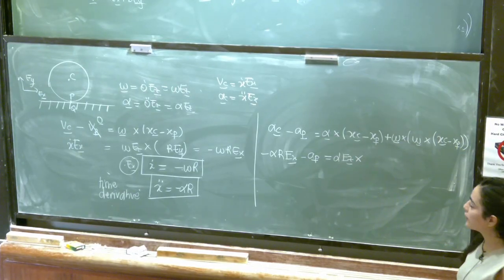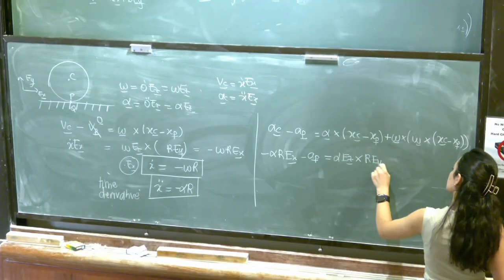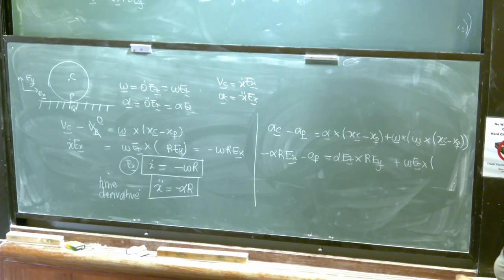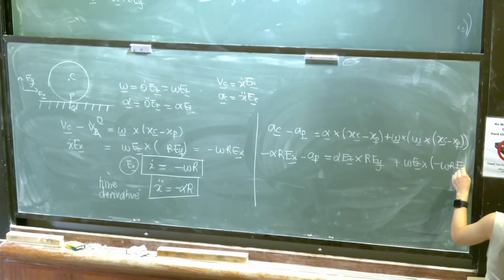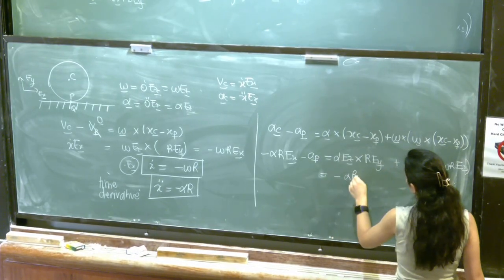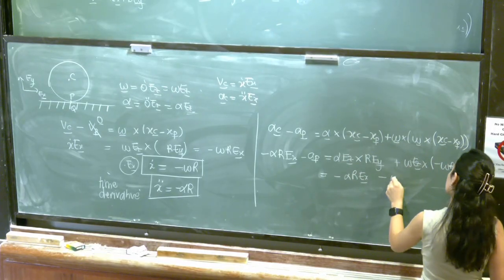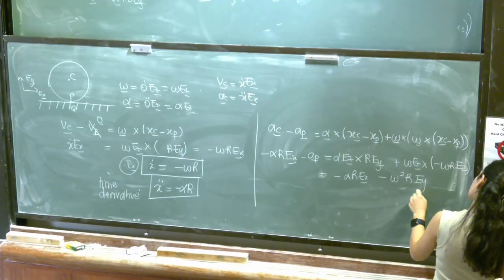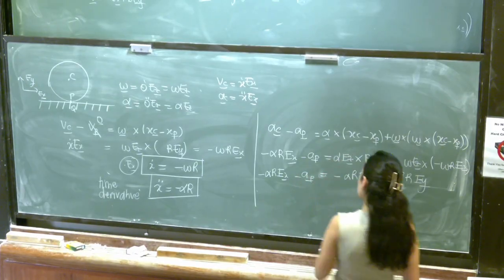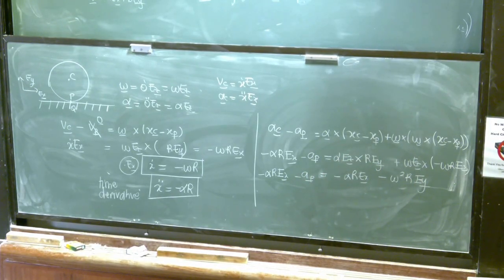We said that's equal to REY plus... EZ cross EX is EY, right?